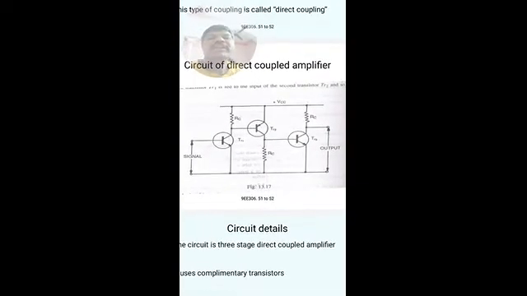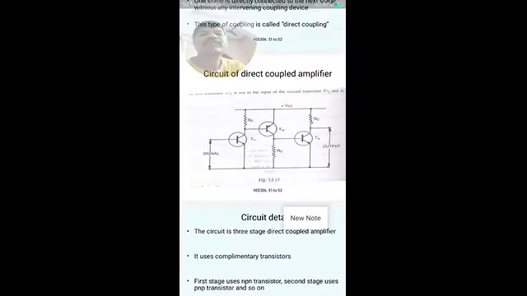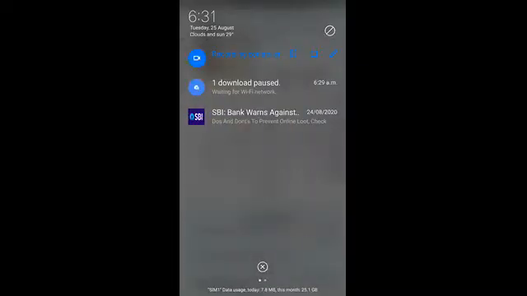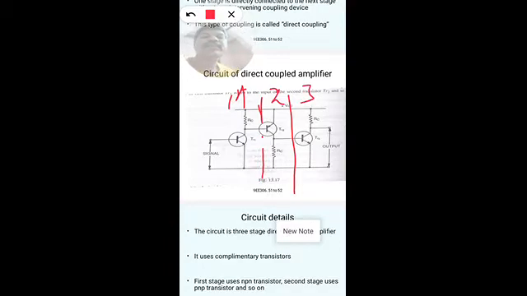This is the circuit diagram of a direct coupled amplifier. Here this is the first stage, second stage, third stage. The amplified output of the first stage is directly connected as input of the second stage.